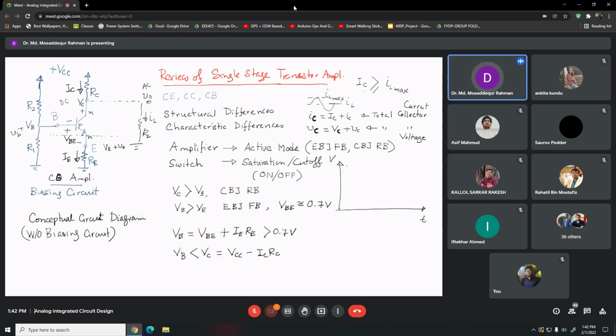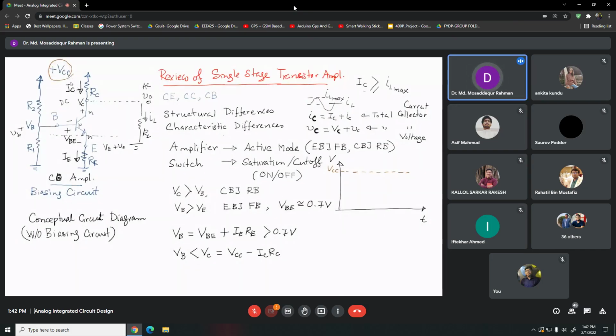Now let's say this is our total collector voltage, the supply voltage, VCC.